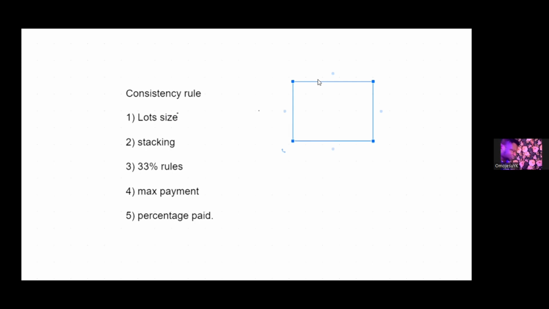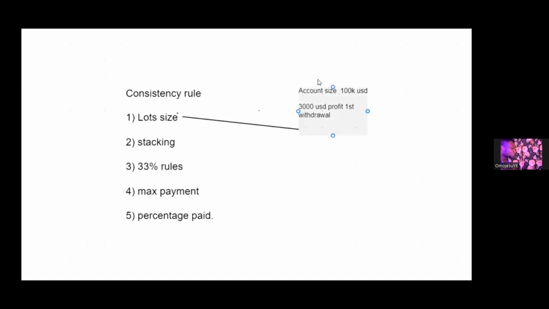The first withdrawal they expect you to make 3,000, the second withdrawal is 4,000, and you have 20 trading days. Now, the lot size for this 100K account, in order not to violate the rules, what I recommend, for myself and my team, is that we make use of 0.5.